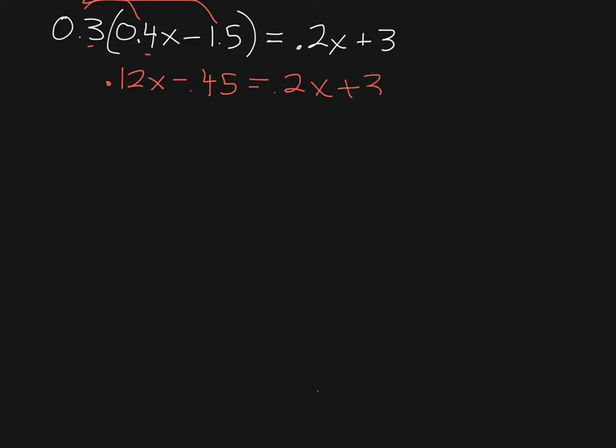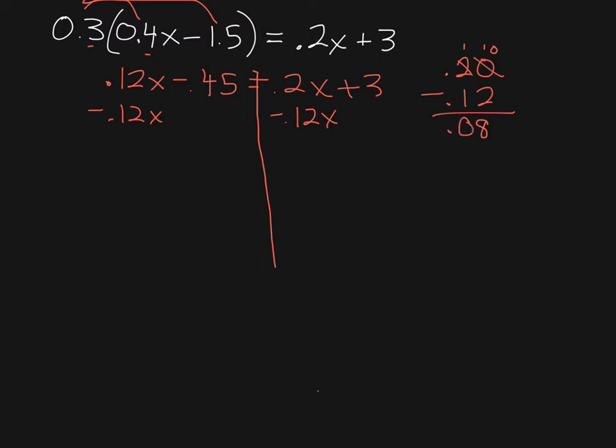Now, I want to eliminate one of my variables now that I have both sides simplified. So I'm going to get rid of this 0.12x, minus 0.12x. Now, if I think about it as 0.20 minus 0.12, I get 0.08, so this becomes negative 0.45 equals 0.08x plus 3.